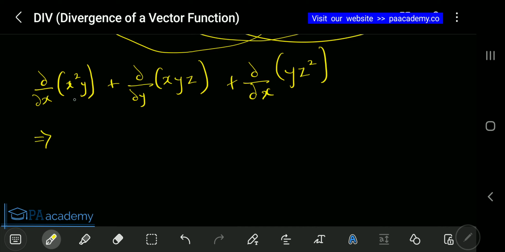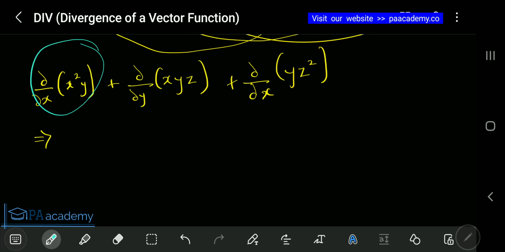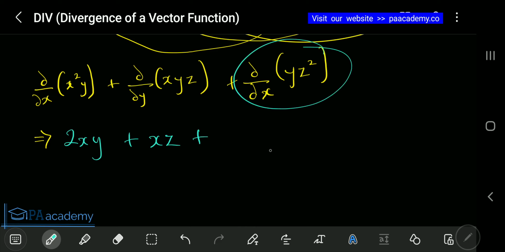Now if you look for the partial differentiation with respect to x, we are going to have 2xy, plus the partial differentiation with respect to y, which gives us xz, plus the partial differentiation with respect to z.